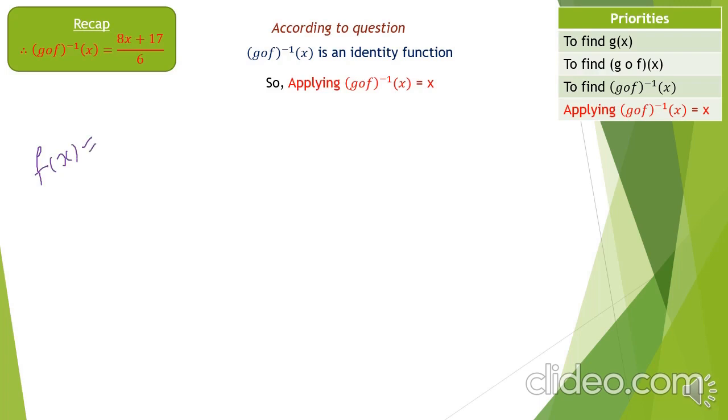So our input is x, so it is equal to the output. Now we have (g∘f) inverse, that is (8x + 17)/6 equal to x. On cross multiplication, 8x + 17 equal to 6x, and 8x minus 6x is equal to minus 17, that is 2x is equal to -17, x is equal to -17/2 is our answer, -8.5.